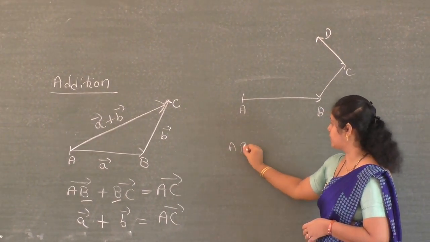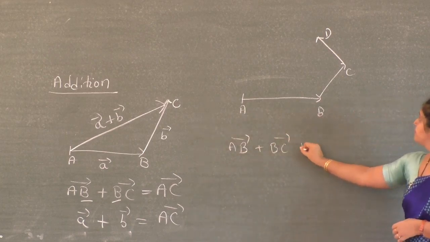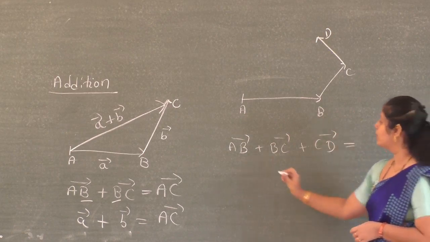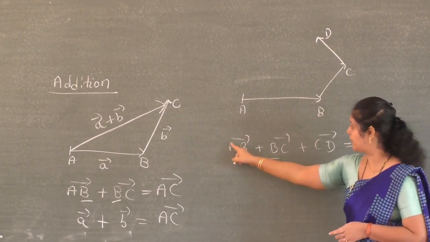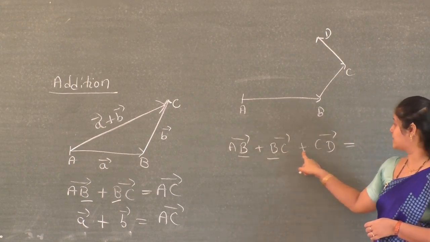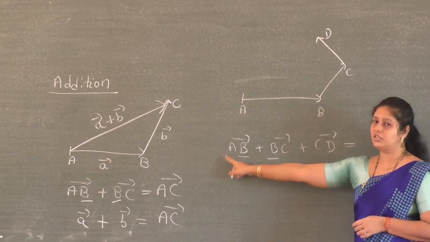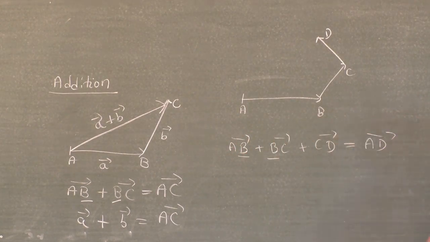Similarly here, vector AB plus vector BC plus vector CD is equal to, here terminal and initial coincide and we will get vector AC. Vector AC plus vector CD is equal to vector AD. So this is equal to vector AD.